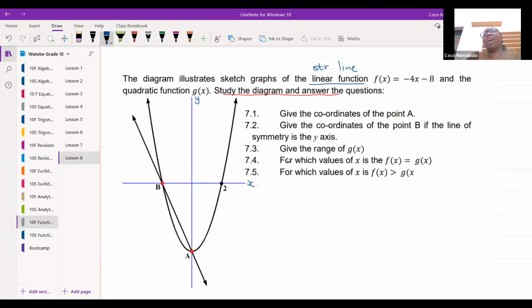All right, guys, let me ask a question here. What do we call lines that cross the y-axis? I'll give you guys a hint. It starts with an I. No worries, Ayanda. Yes, good, Ritepile.